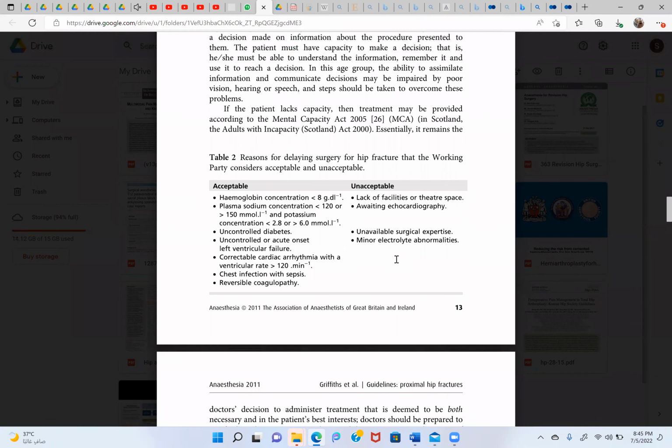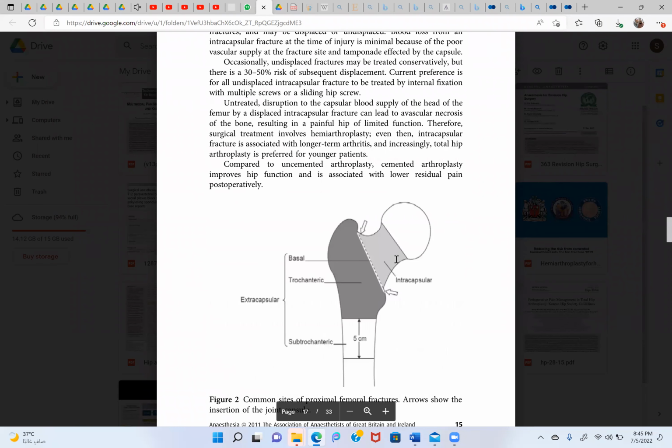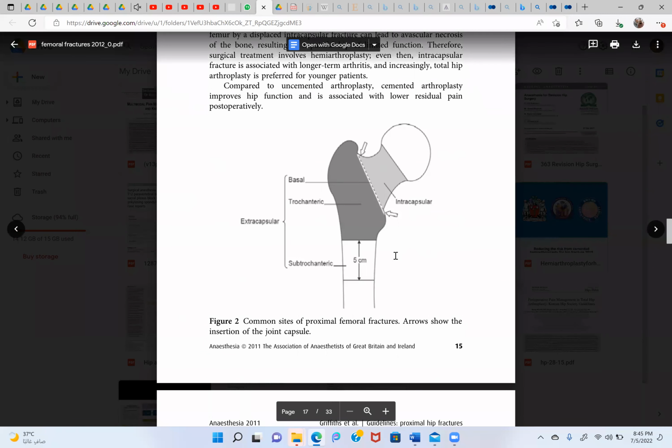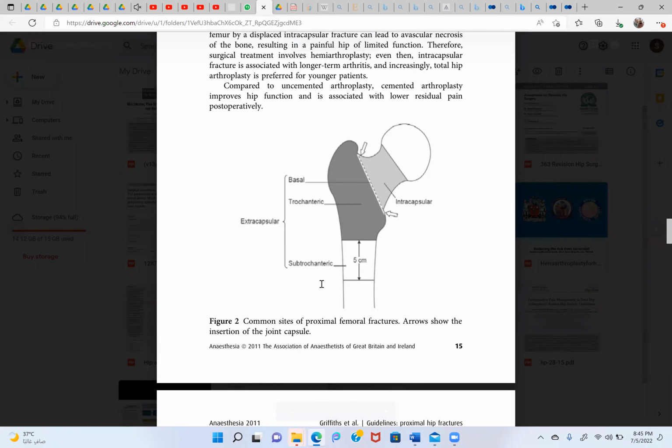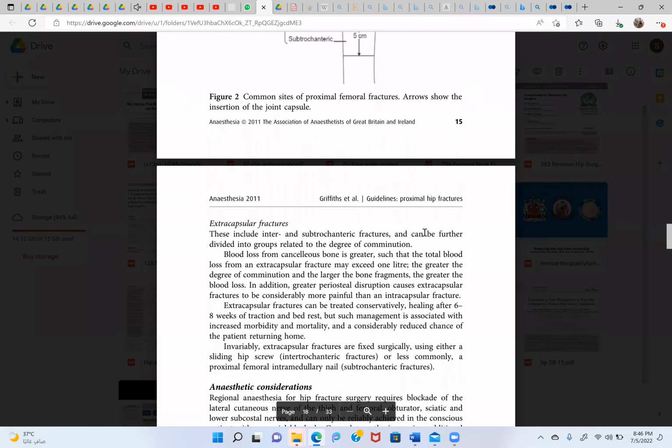So these are the AAGBI guidelines for femur fracture. These are the different types of fractures which can occur. And if I see which fracture creates more problems, I think it is extracapsular.